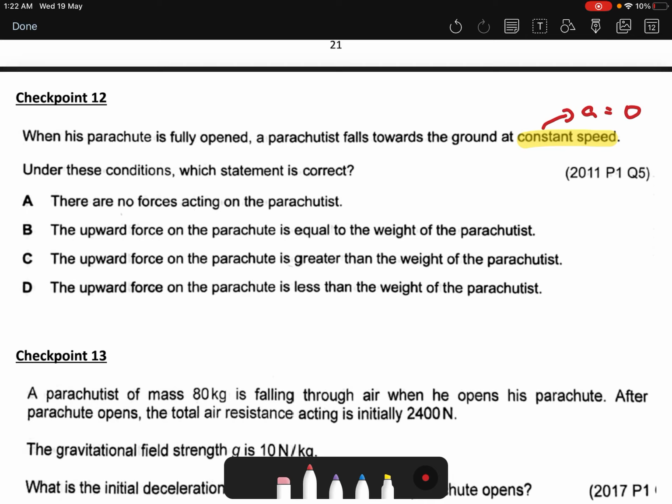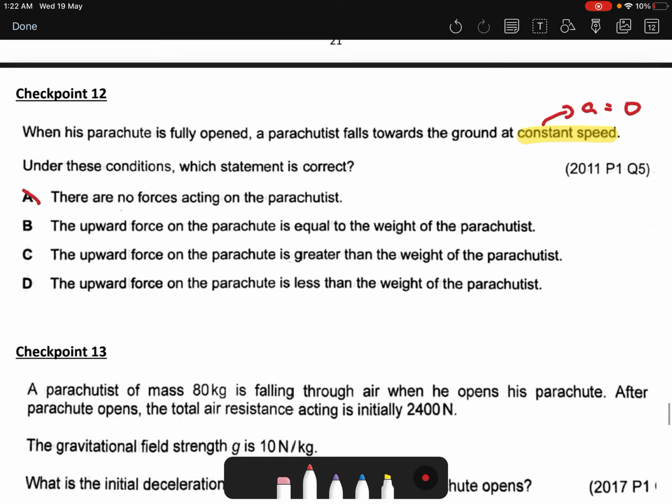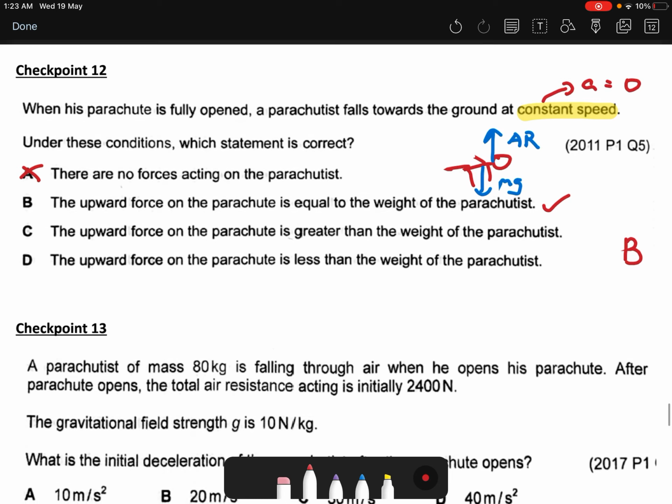But there are actually two forces acting on it: one is your weight, the other is your air resistance. B, the upward force on the parachute is equal to the weight of the parachutist. This is correct, because the other way of saying this is that there is no resultant force. So the answer should be B.